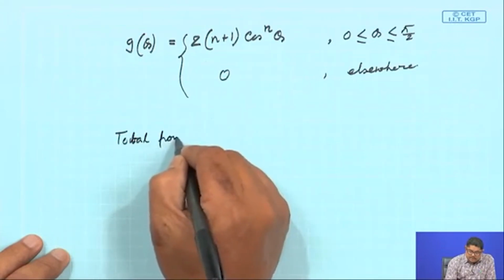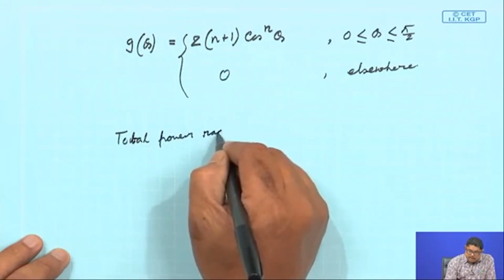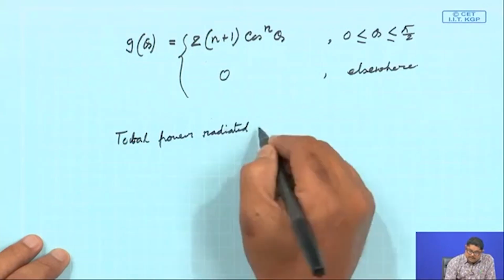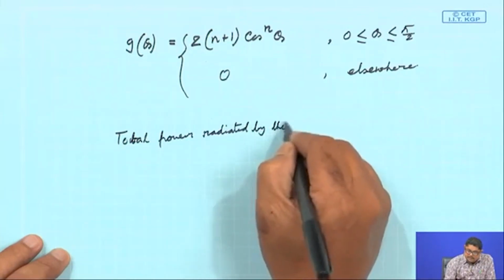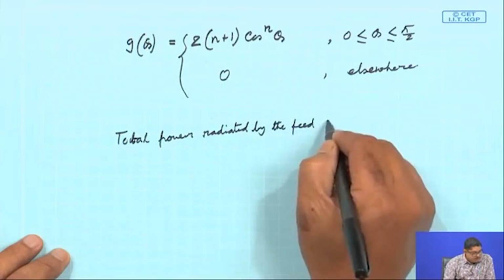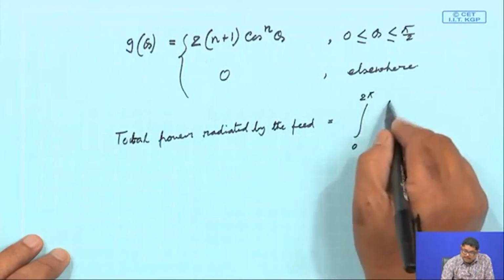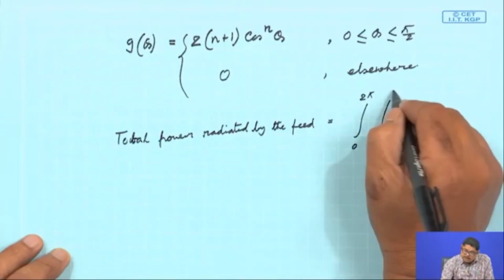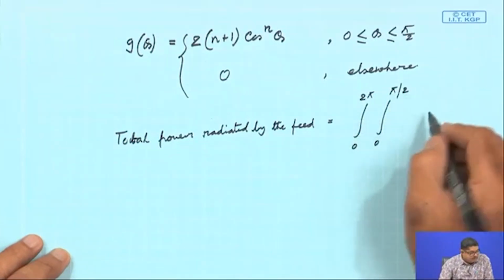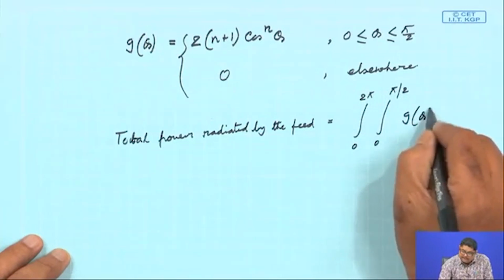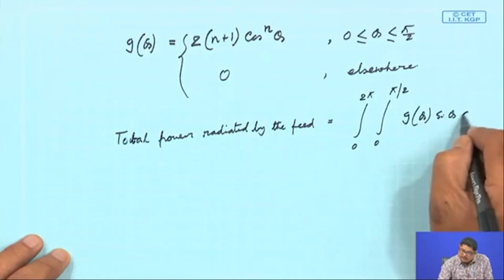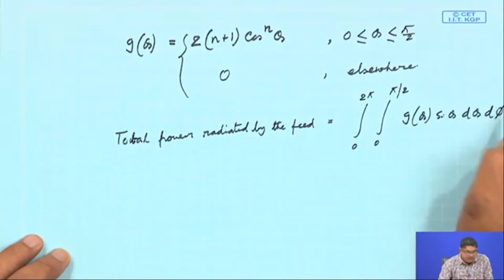Total power radiated by the feed will be the integral from 0 to 2 pi, 0 to pi by 2, of g theta sin theta d theta d phi.